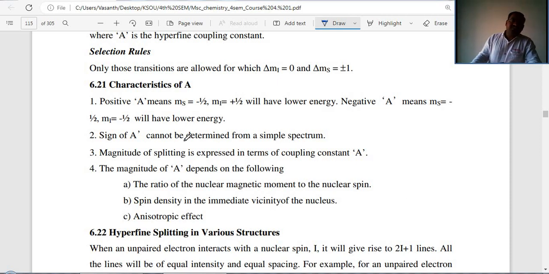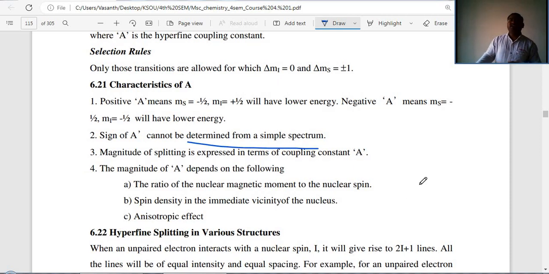The sign of A cannot be determined from a simple spectrum. The magnitude of splitting is expressed in terms of the coupling constant. The magnitude of A depends upon the following. These are all characteristics of A.